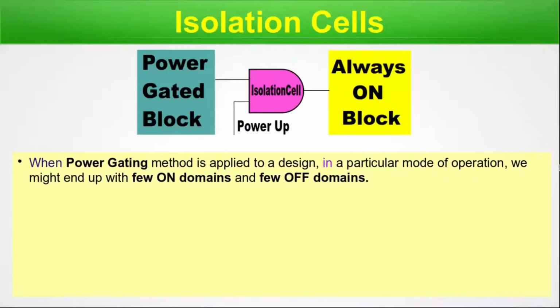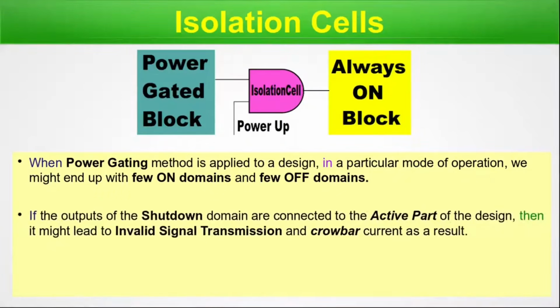When the power gating method is applied to a design in a particular mode of operation, we might end up with a few on domains and a few off domains. If the outputs of the shutdown domain are connected to the active part of the design, then it might lead to invalid signal transmission and crowbar current as a result. This is very evident. If one block is off, another block is on, and one signal is traversing in between, it will send or receive erroneous signals.